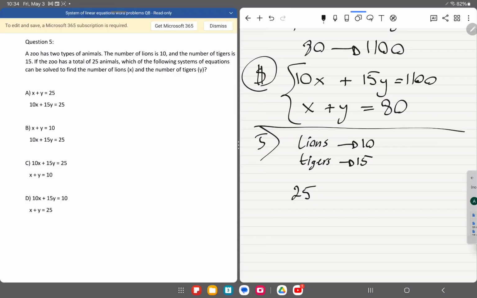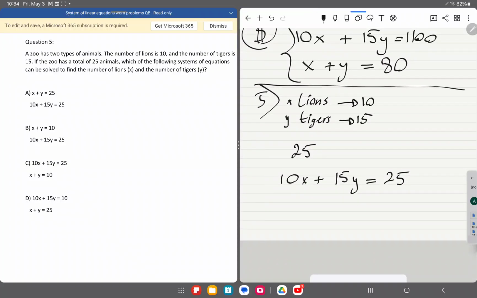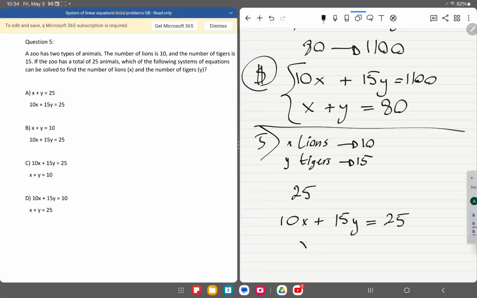Okay. So I've got the 2 types of animals. The number of lions is 10, so x, y. The number of lions is 10, and the number of tigers is y. So I'm going to get 25. Now, how is this different? x plus y is equal to 25.